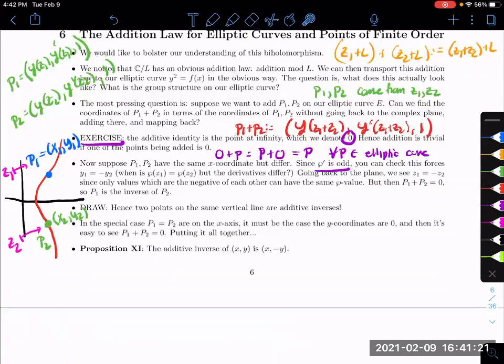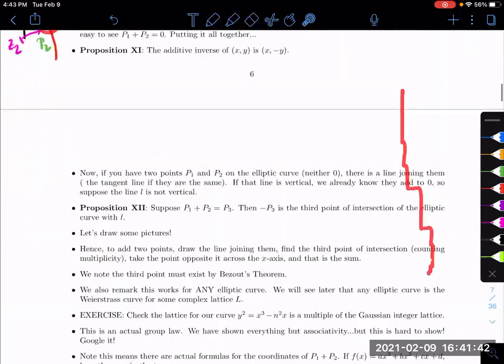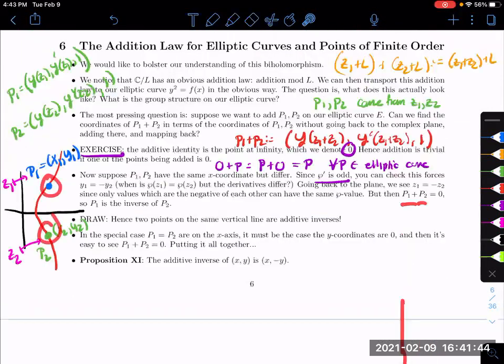You can see that z1 has to be negative z2. And that's because you can easily see that the only values which are the negative of each other can have the same phi value, basically because phi is an even function, okay?